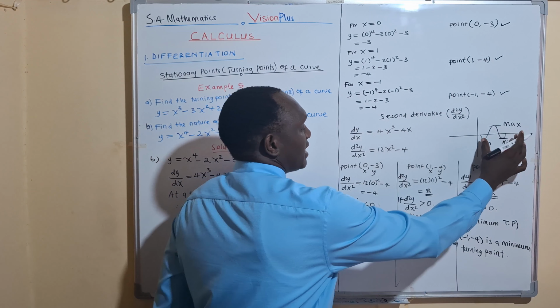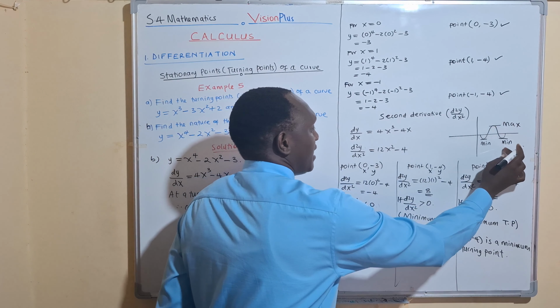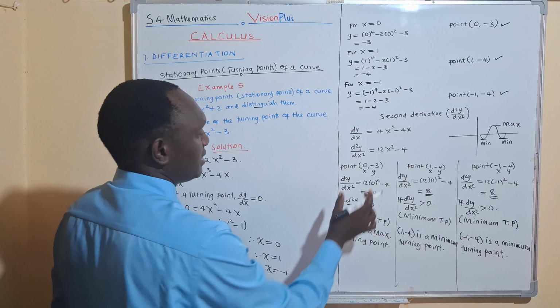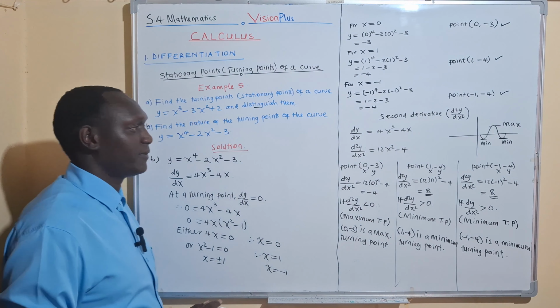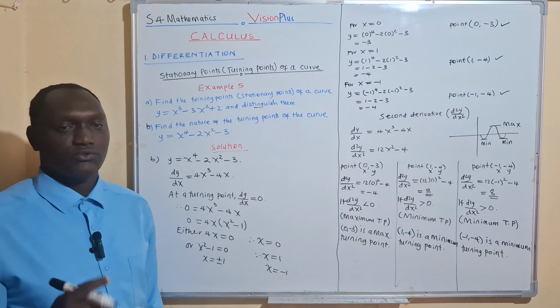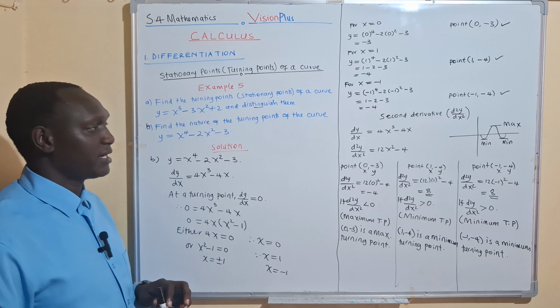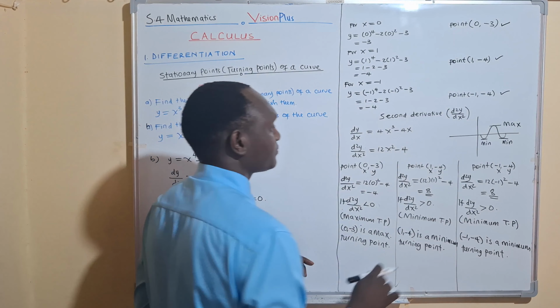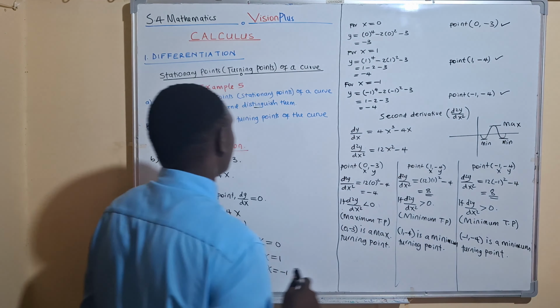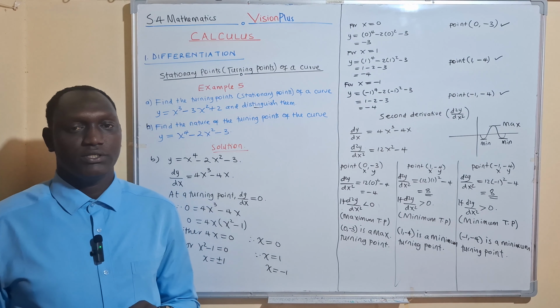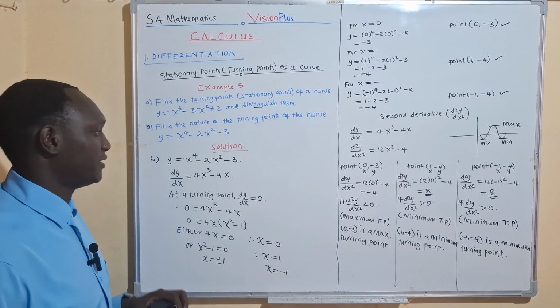Not necessarily in the first and the fourth quadrants, but they are somewhere depending on the coordinates that we have. But that is the illustration when we have two minimum points and one maximum point. So that is the solution to part B, and this is the overall solution to example 5.